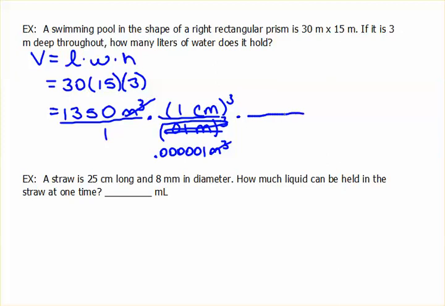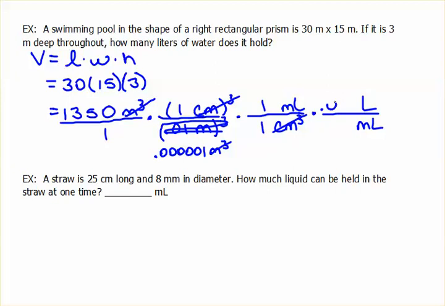We have that conversion that says we can convert between cubic centimeters and milliliters at a 1-to-1 ratio. So now that will cancel out my cubic centimeters and I have my answer in milliliters. But I don't want milliliters, so I'm going to put that on bottom and put liters on top. And what is the relationship between milliliters and liters?